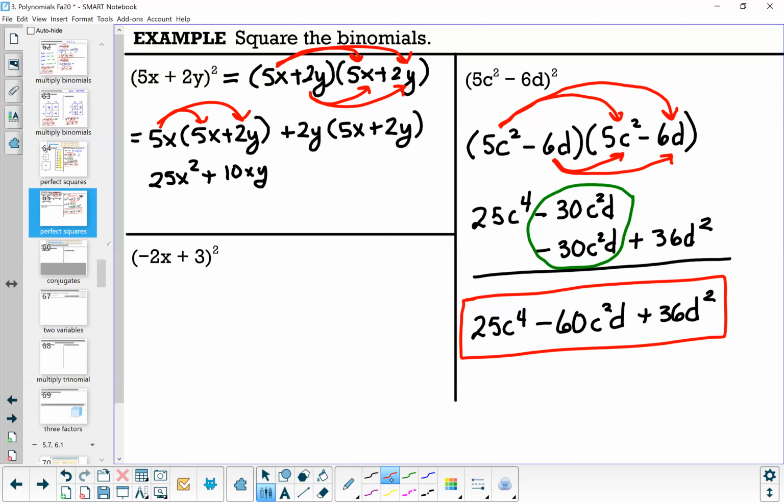Okay, second group, plus 2y to the 5x and to the 2y gives us plus 10xy plus 4y squared.